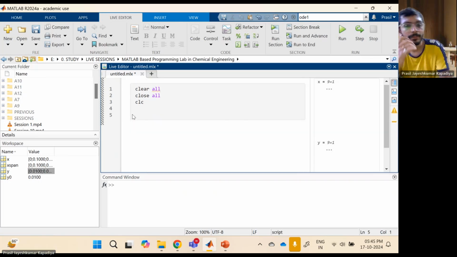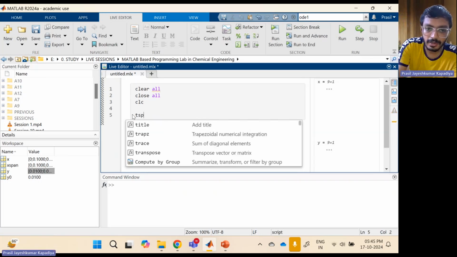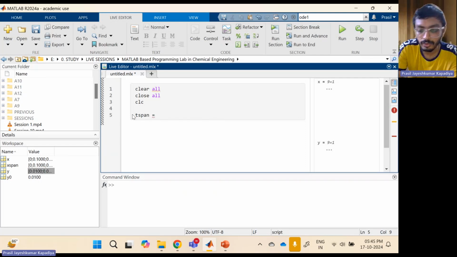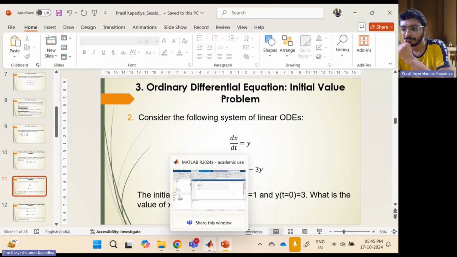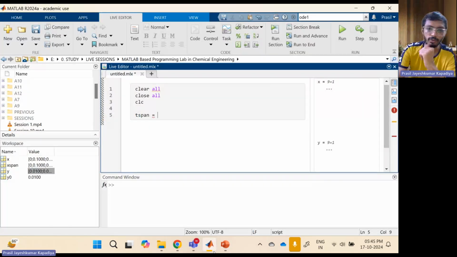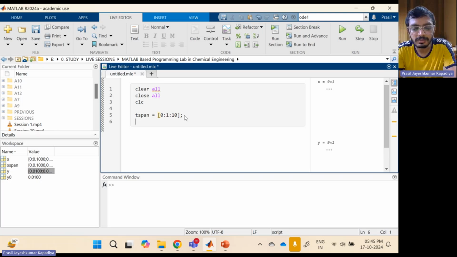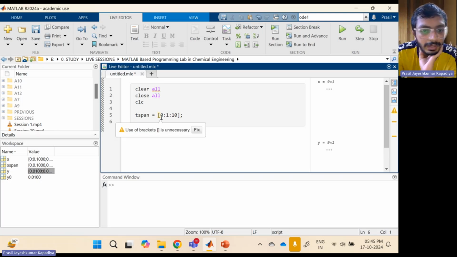So let's say my time span, when do I want to calculate? At t equal to 10. So I'm saying 0 to 10 in intervals of 1. This is my tspan. So see here there is a yellow message: use of bracket is unnecessary.